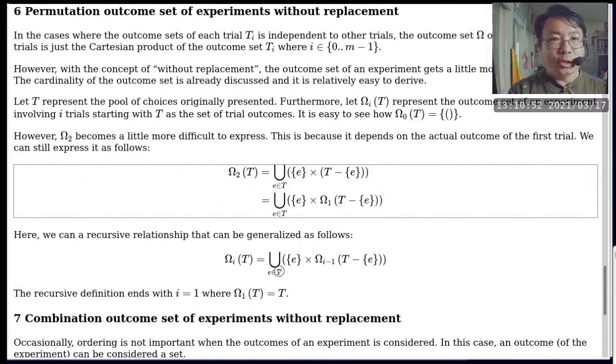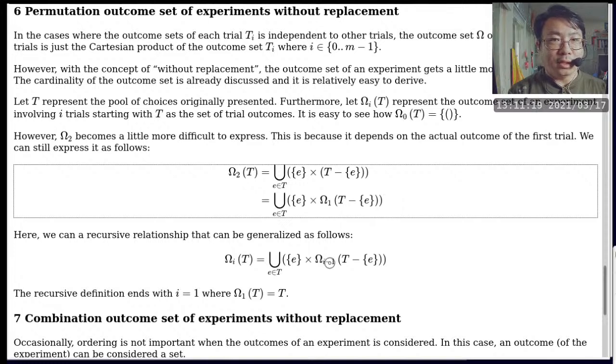What is the set that we are taking the union over? It is what is inside the outer parentheses. It is basically looking at E, which is chosen from T, and this is a Cartesian product with omega I minus 1, which is the recursive step.